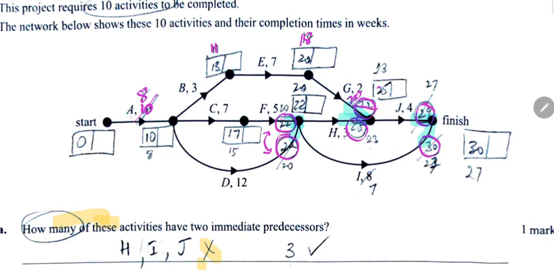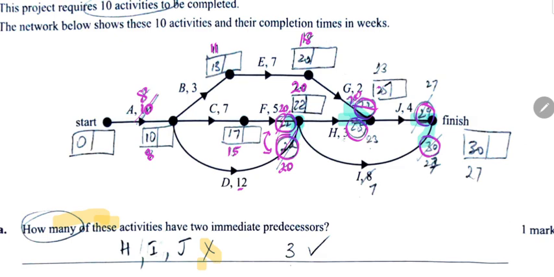Now let's see the impact of that reduction at the end of H. So that is 8. 8 plus 7 is now 15. Now 15 plus 5 becomes 20 over here. And that also causes 8 plus along D to become 20. So this now becomes 20.